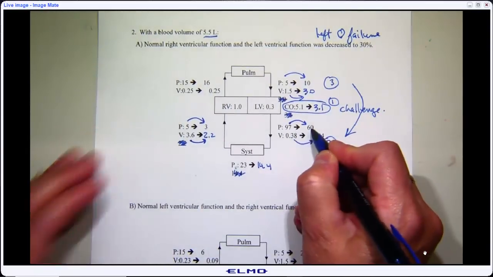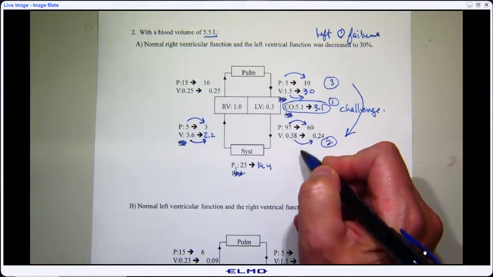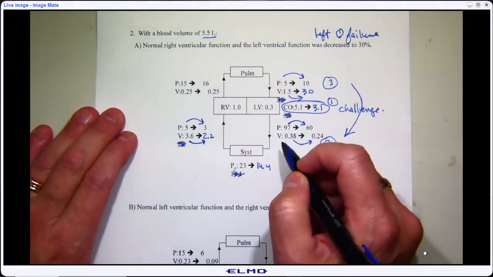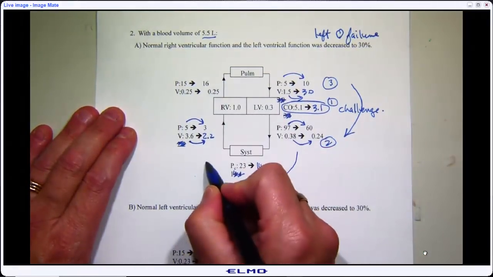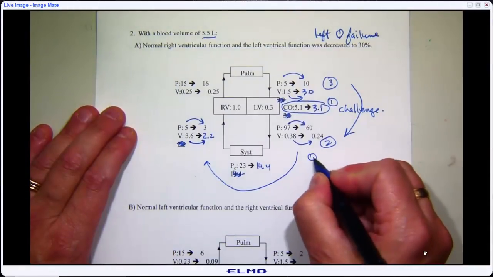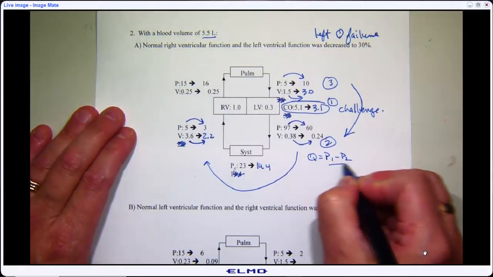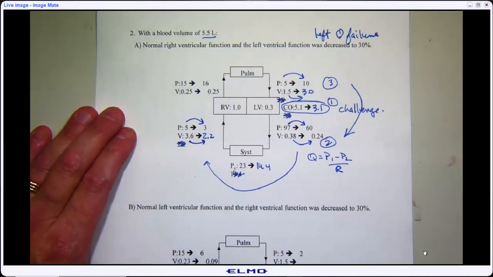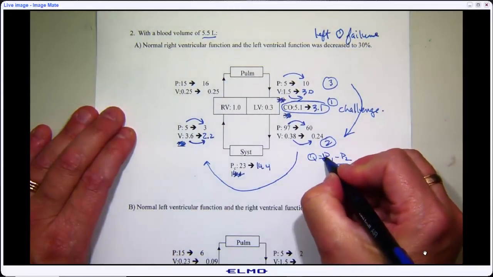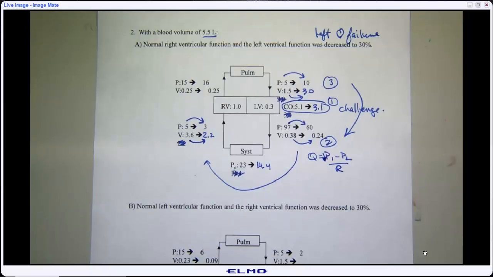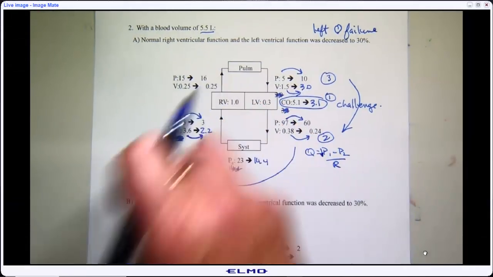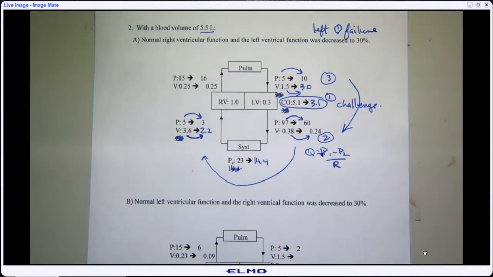We have just experienced a drop in P1 when it comes to systemic flow. When we think about flow across the entire system, and we decrease our drive for flow, we've just decreased P1, then we would expect flow into the systemic veins to be less. Okay, so we could probably then predict we would have less volume in that compartment and less pressure in that compartment. Okay?